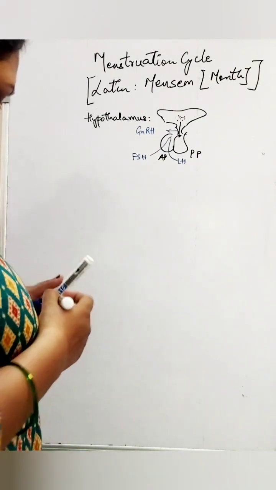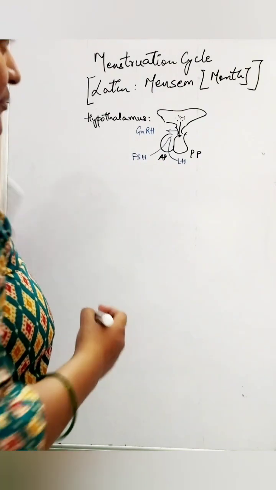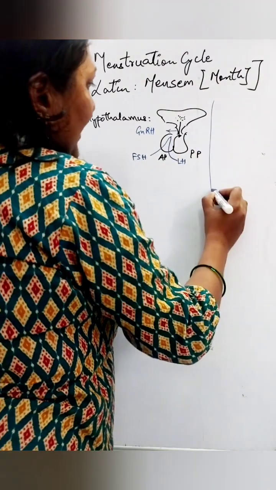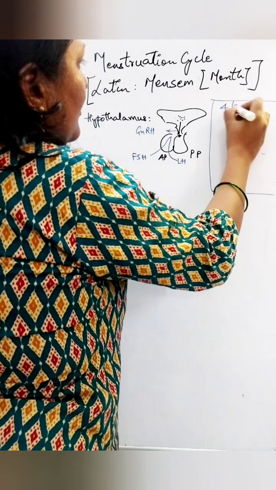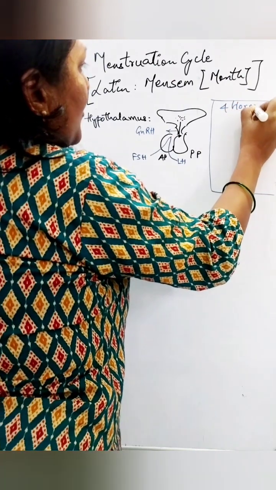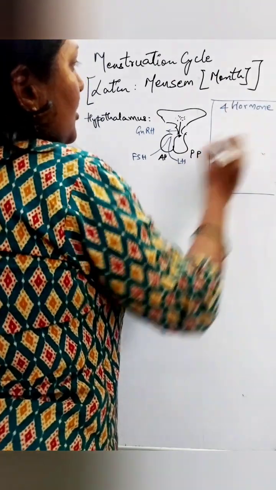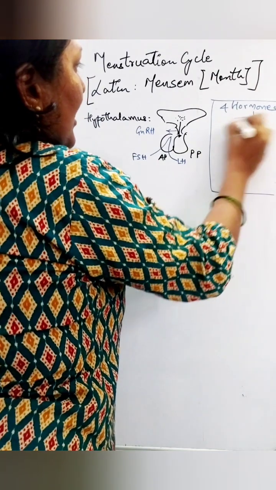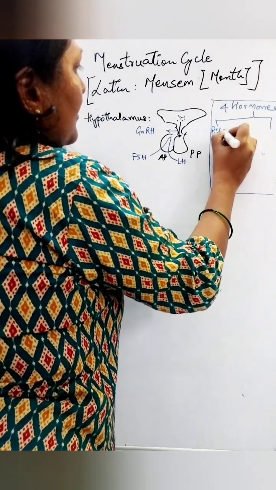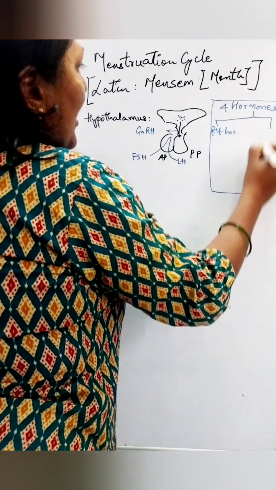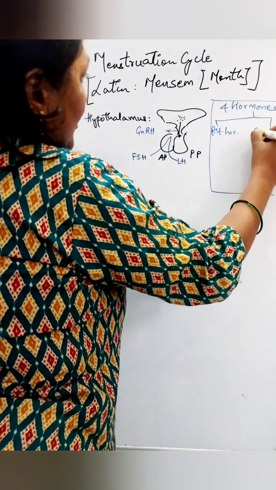Before that, I would just like to highlight, maybe in the corner, that there are totally 4 hormones which control the menstruation cycle. 2 are pituitary hormones and 2 are ovarian hormones.